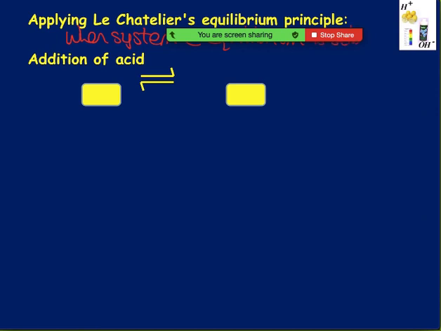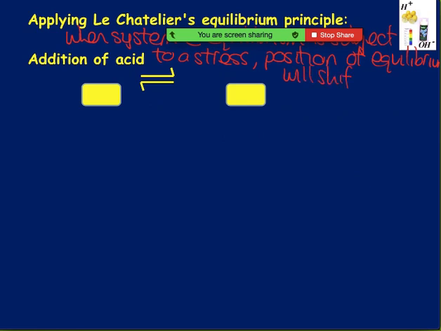Yeah, so a system at equilibrium is subjected to a stress, and the position of equilibrium will shift to minimize the effect of the stress. Juno has a beautiful way of saying it. She's so concise with her words, but I have to go the long way. So, the position of equilibrium will shift to minimize the effect of the stress.